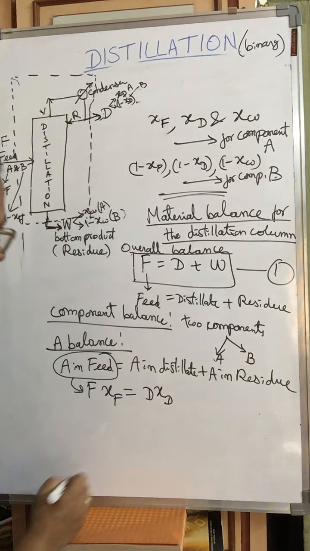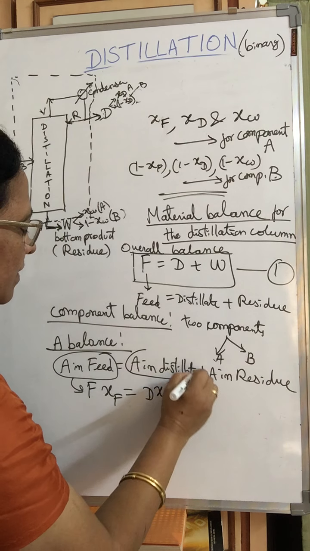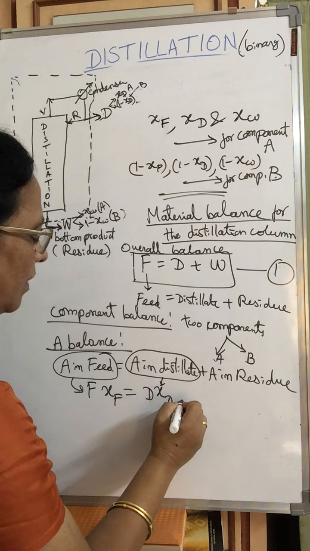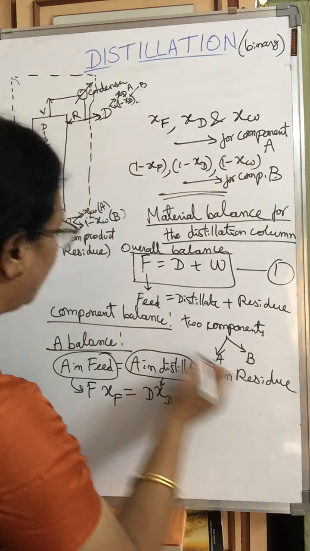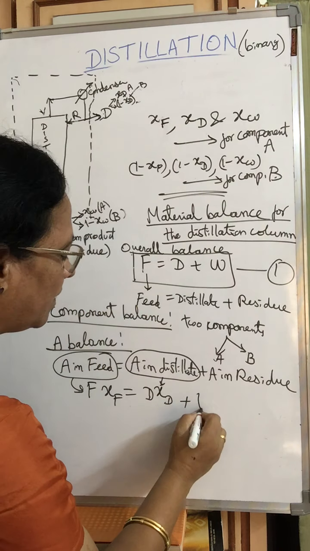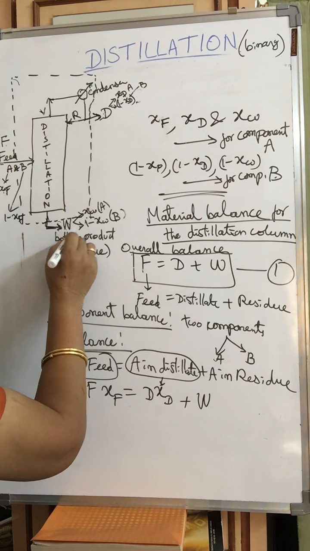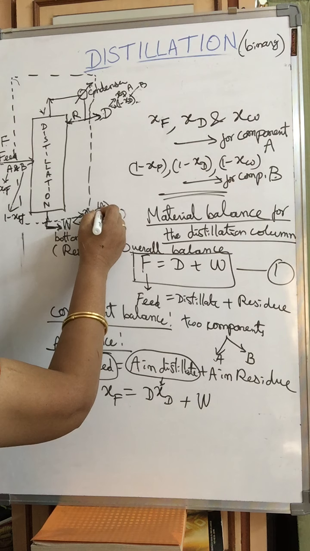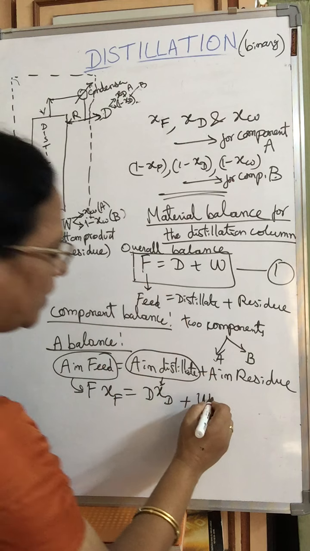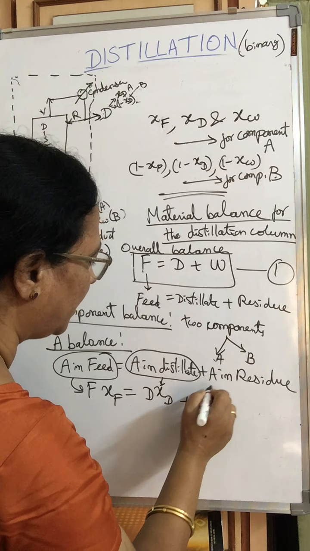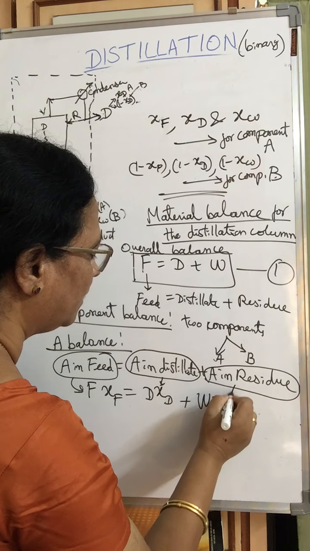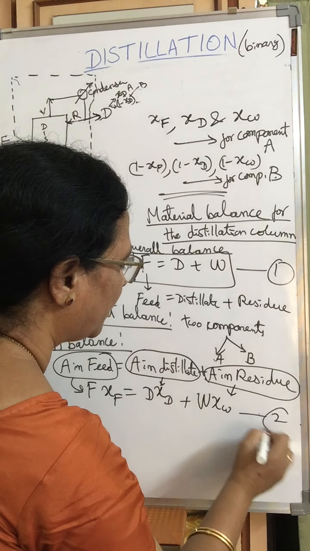So D XD. So this is A in distillate plus A in residue. Total residue is W. Then weight fraction of A here is XW. So this is XW. This one. This is, let it be equation 2.